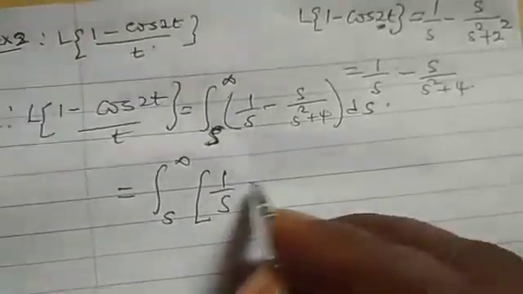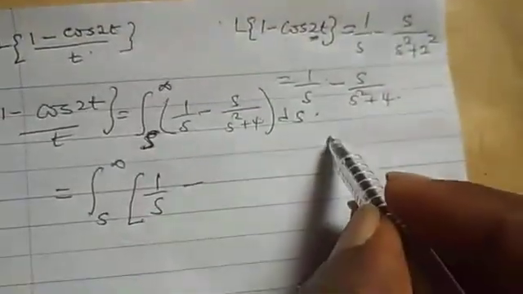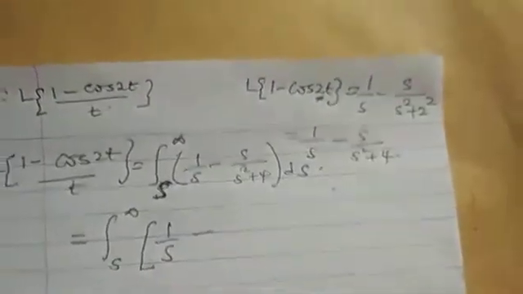We have 1 over s here, minus. Remember, there's a formula which says that the integral of f prime of s over f of s ds is ln f of s.